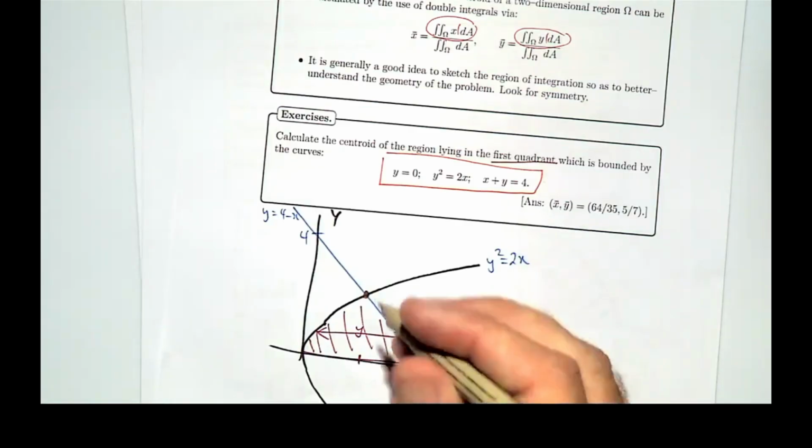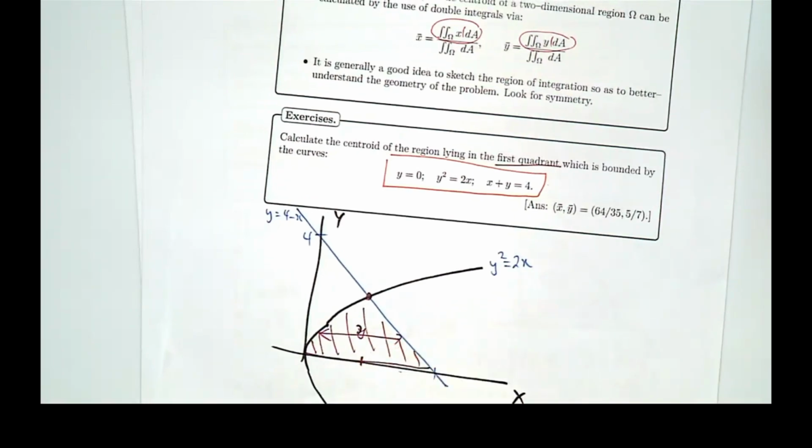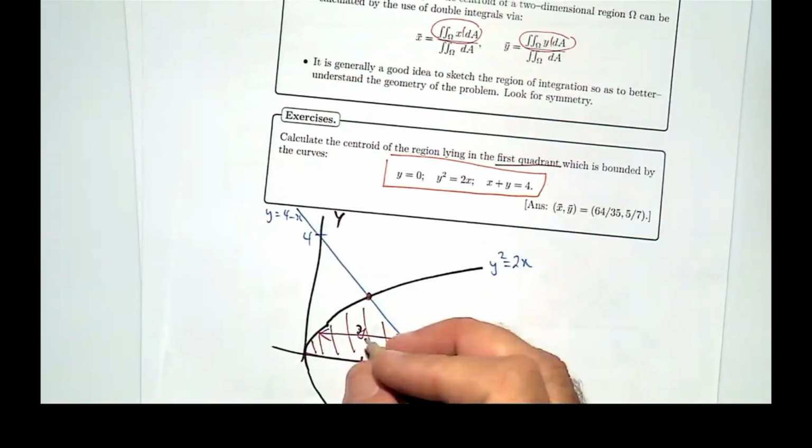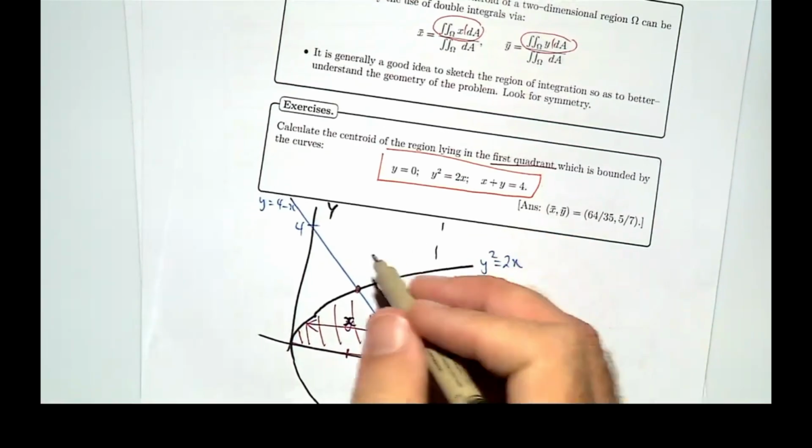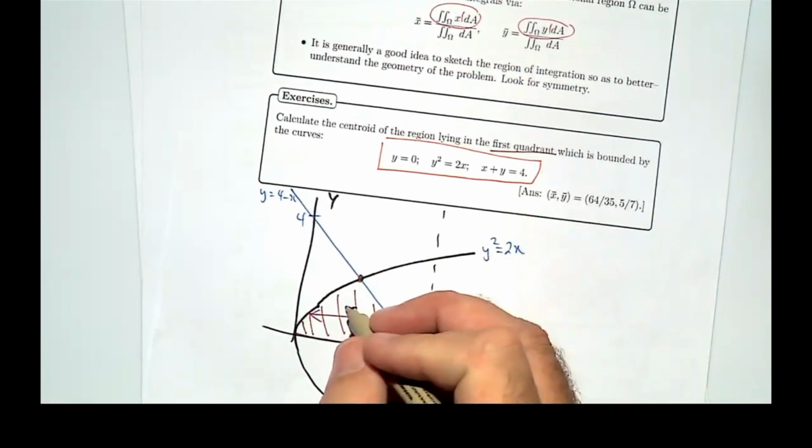Does anybody know why that's simpler? So when I'm describing my region, I'm going to use, not x, y. Y is between there, and x is between these two vertical lines.